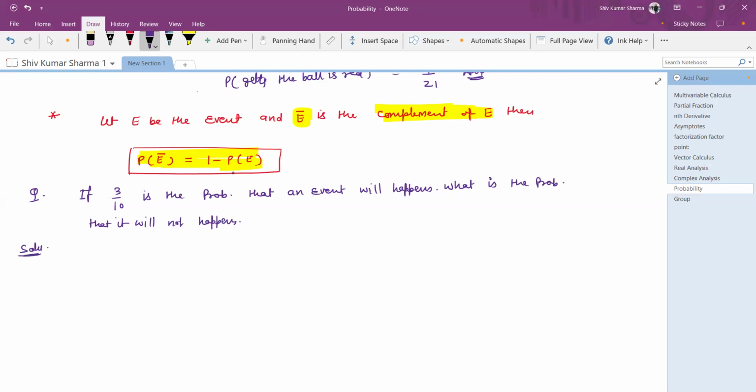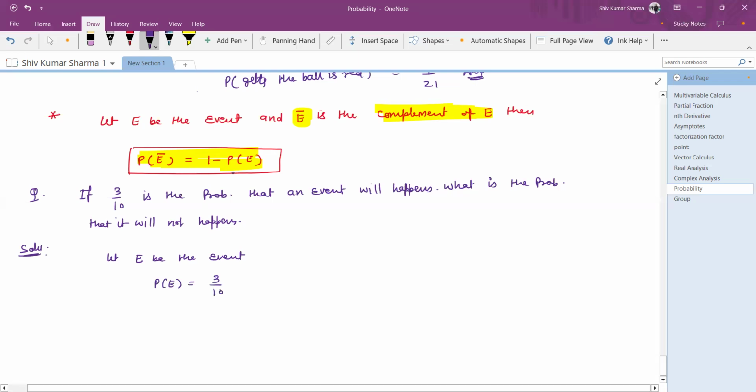So we do the solution of this. Let E be the event. The probability of occurrence of the event is given as 3 by 10. The complement of E means it will not happen.